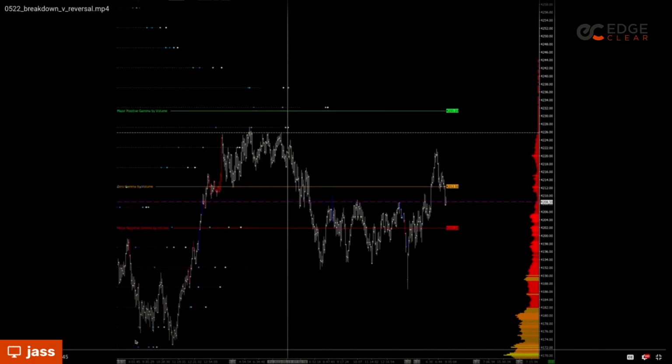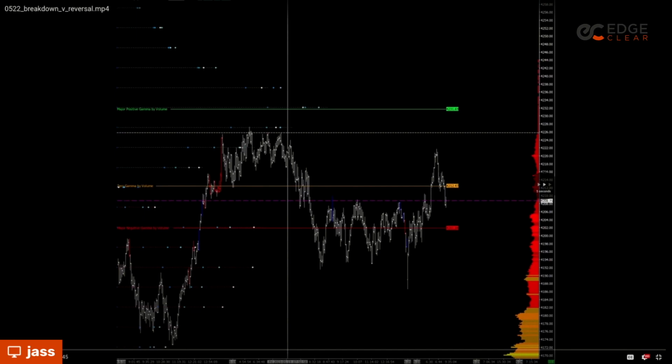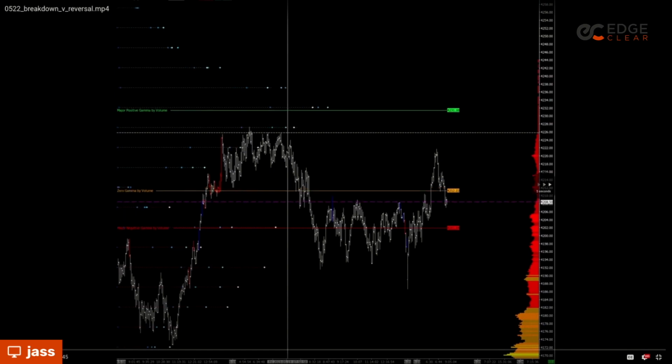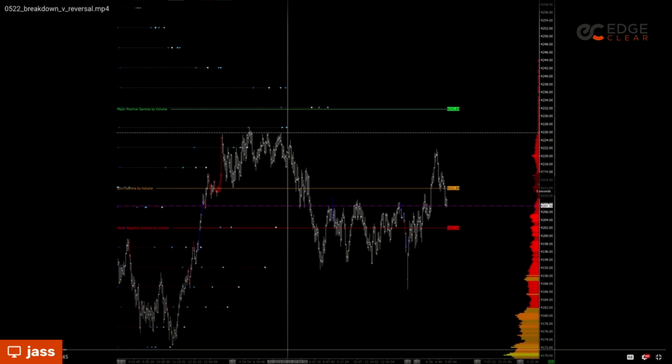Yeah, that makes sense too, because same thing with the context. Where there's the most volume is probably not the area where you're going to try to put on a trade anyway. But as you can start to see, that builds below the major negative.